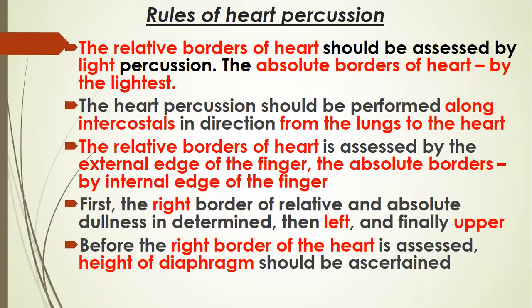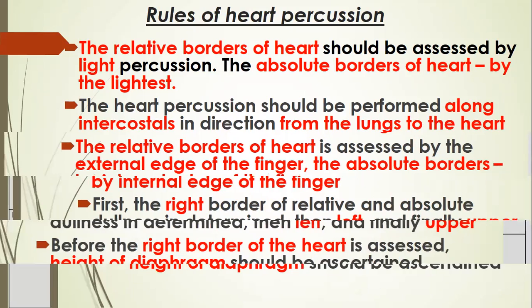The relative borders of the heart are assessed by the external edge of the finger, and at first we determine the right border, then the left, and then the upper border. When the right border of the heart is assessed, the height of the diaphragm should be determined.